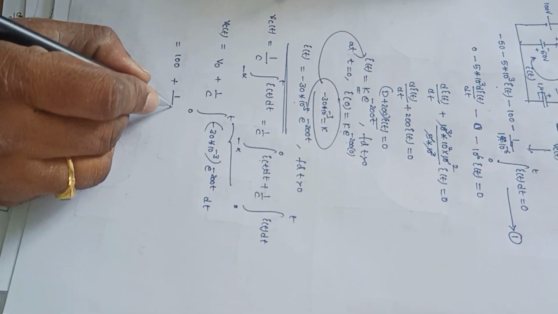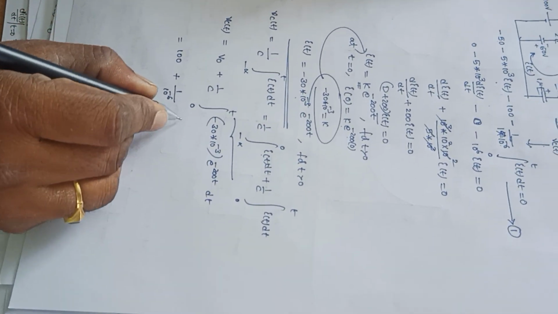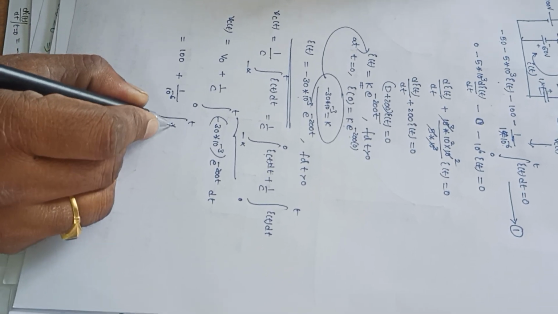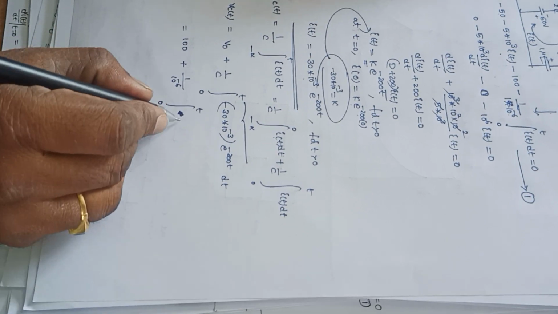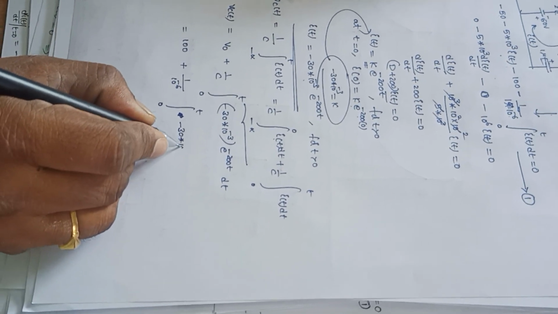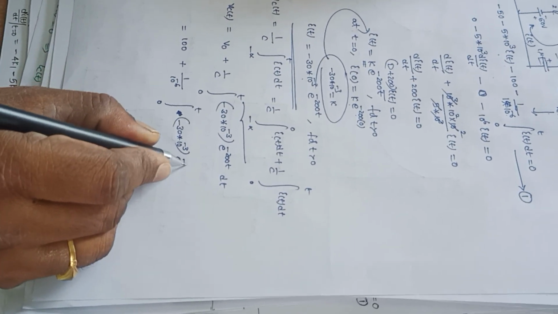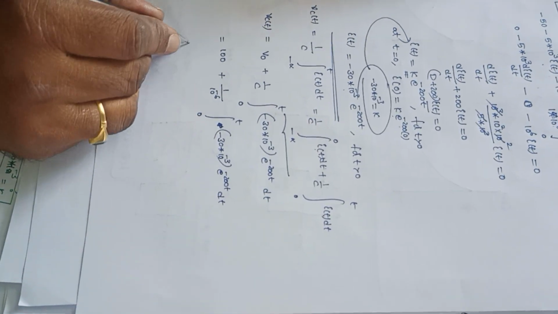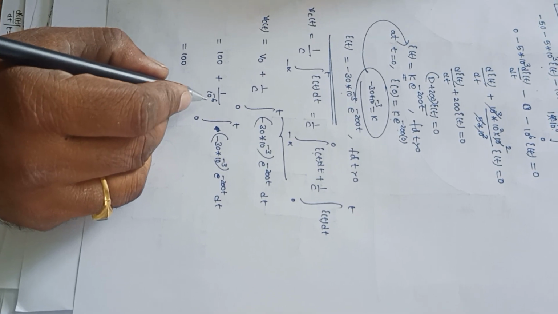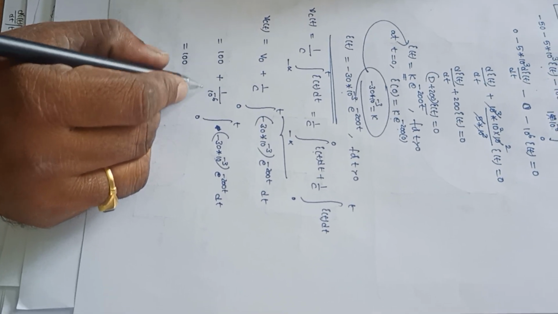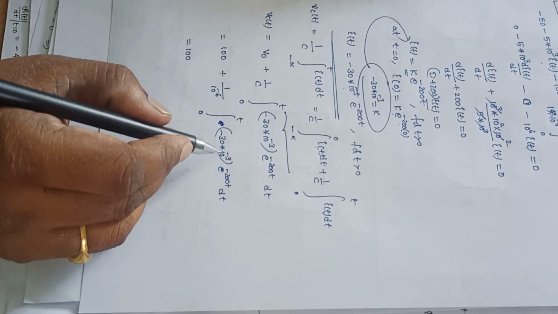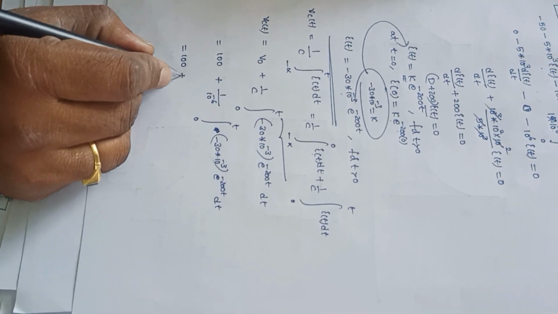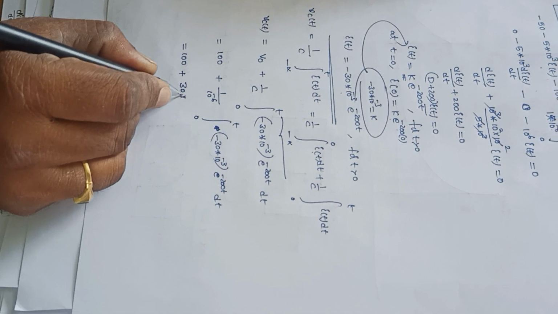1 by 10 power minus 6 times the integral from 0 to t of minus 30 into 10 power minus 3 into e power minus 200 t dt. If I bring this term to the numerator, 10 power 6 into 10 power minus 3 is 10 power 3, so it will become plus 30 into 10 power 3.